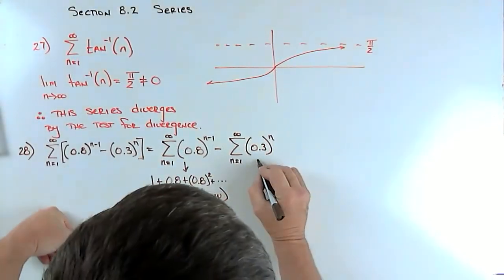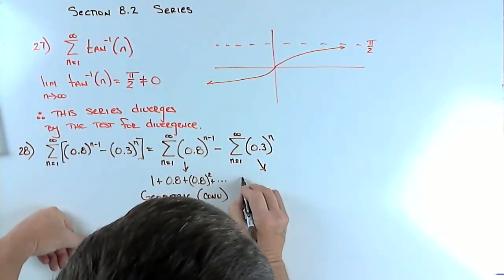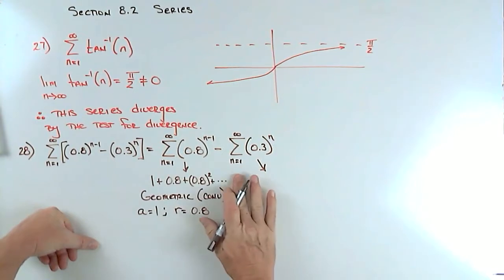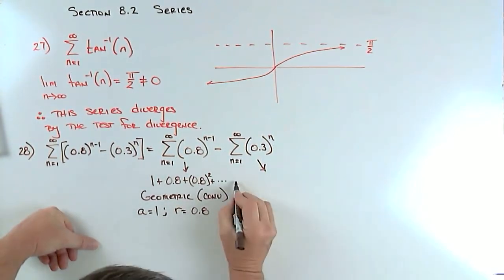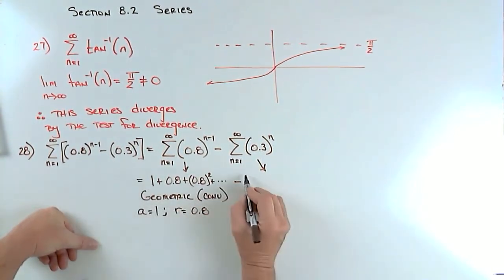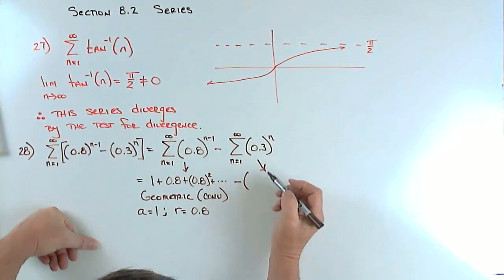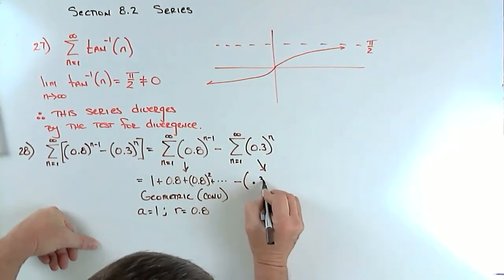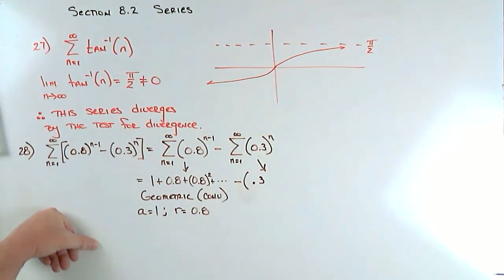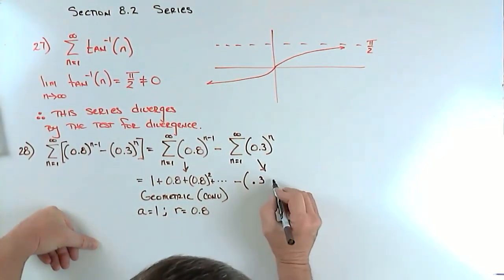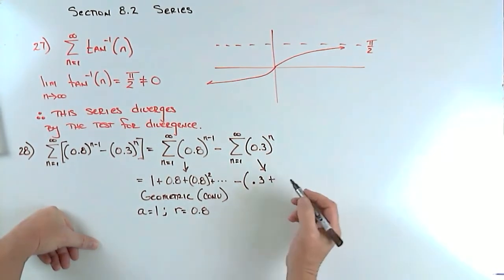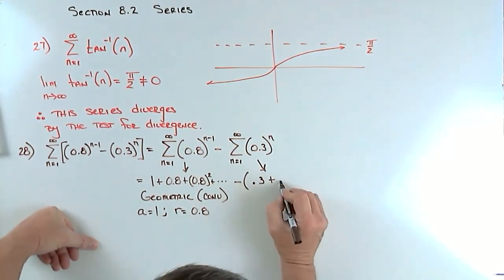What about over here? If we add this one on, or I'm sorry, we're subtracting this one, aren't we? Minus. If we put n as 1 here, we get 0.3, don't we? If we put n as 2, we would get 0.3 squared.